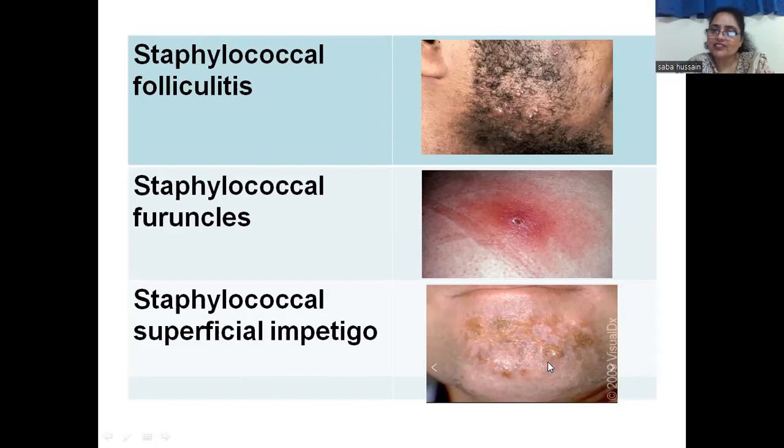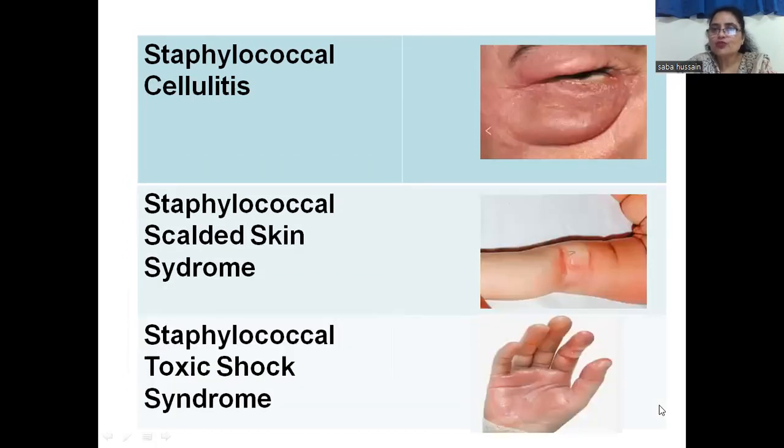So you can see these together on the chin. Then going to the next one, cellulitis, which is caused by Staphylococcus. Here you can see a swelling. This structure will be warm also, and inflammation is also seen.